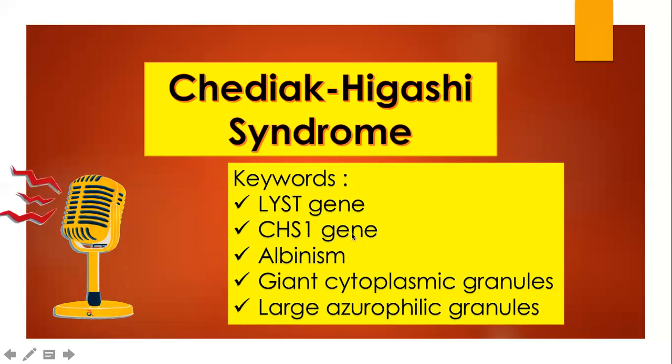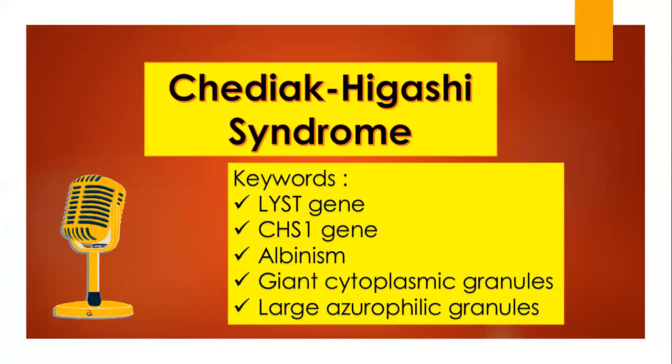Chediak-Higashi anomaly is a rare autosomal recessive disease characterized by partial oculocutaneous albinism, easy bruising in these patients, frequent pyogenic infections, the presence of abnormally large granules in the white blood cells, and an increased susceptibility to infection.